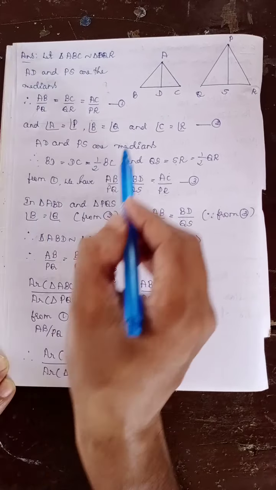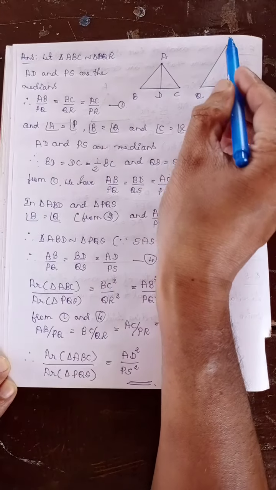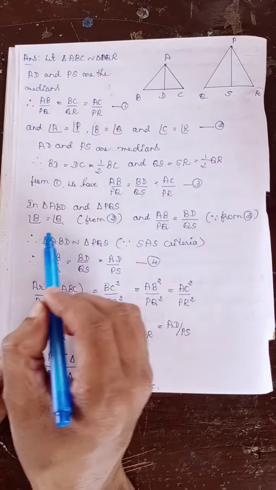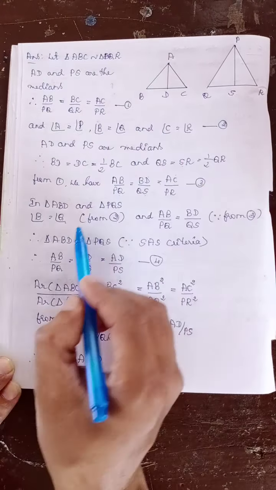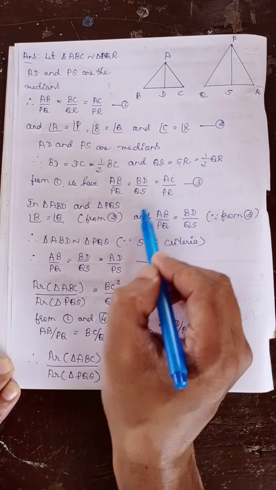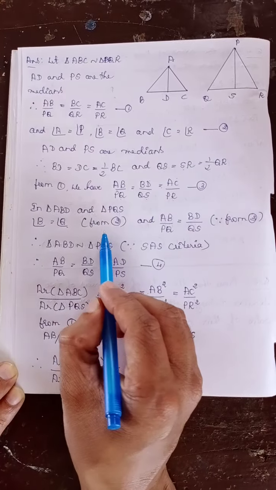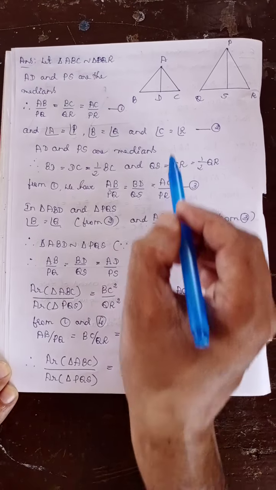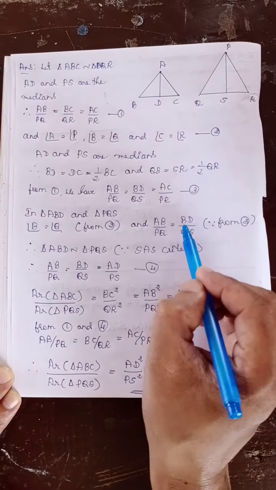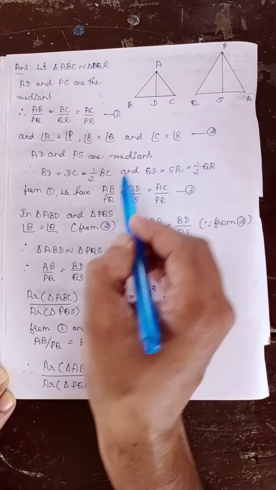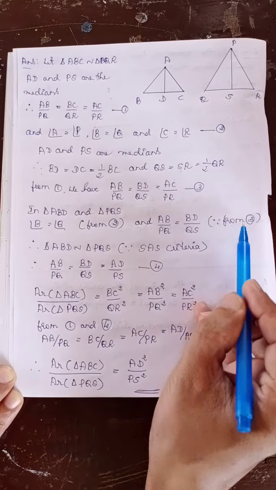Now we consider the triangle ABD and the triangle PQS. In these triangles, angle B is equal to angle Q. It is already given, and in equation 2 we have also written it. And AB by PQ is equal to BD by QS. This we have proved in equation 3.